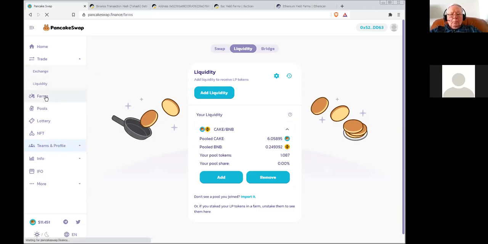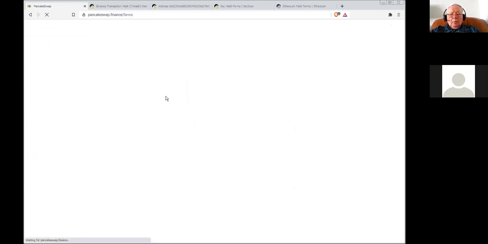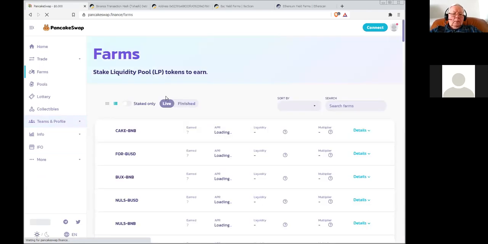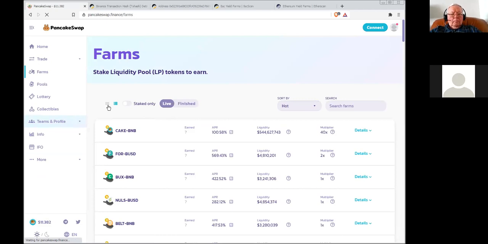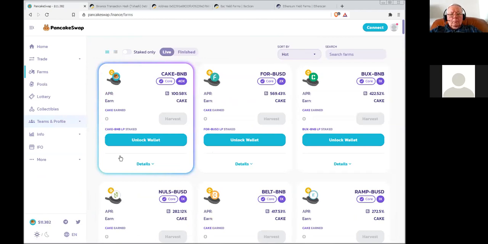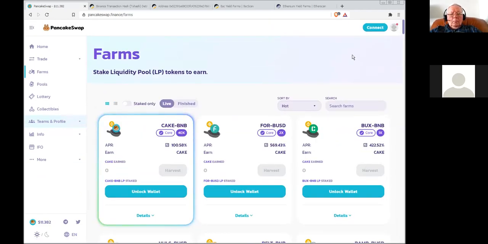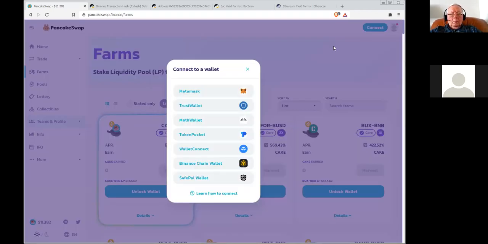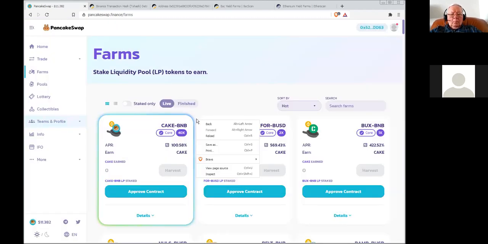So I'm going to go back to the farm. And if you use this other one, you can work right here. So we're going to say, oh, actually I have to connect because this is a new page. Connect, and I'm going to try the Math Wallet because it seems to be working better.